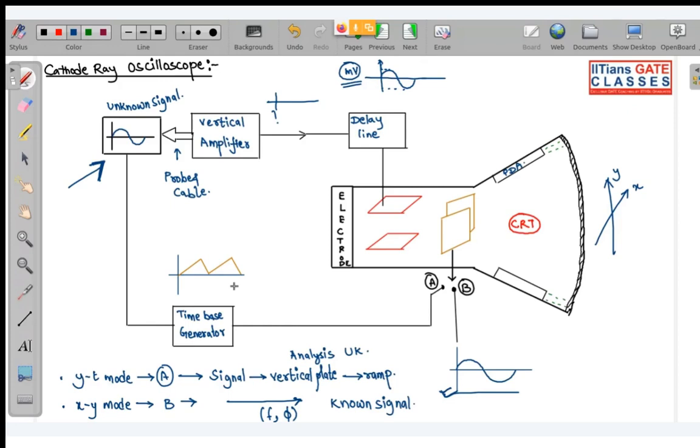Vertical amplifier is a multi-stage MOSFET amplifier which provides high input impedance. So now tell me, why high input impedance?